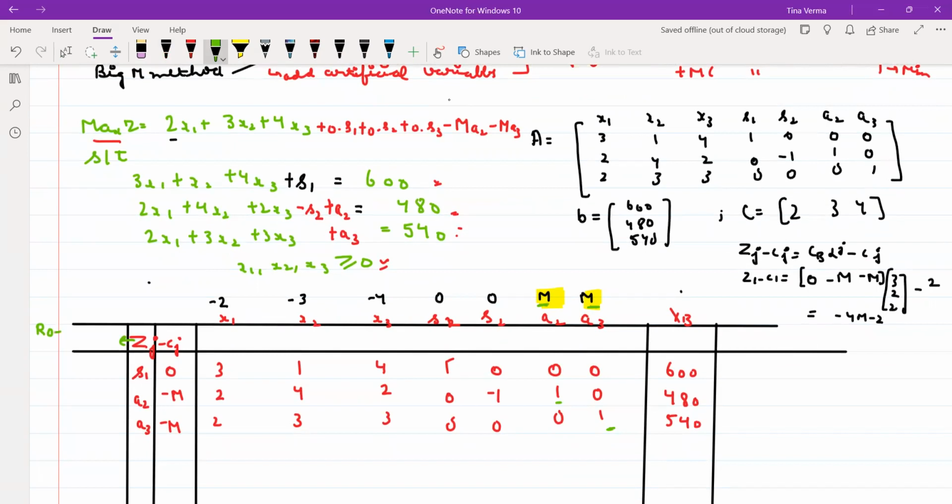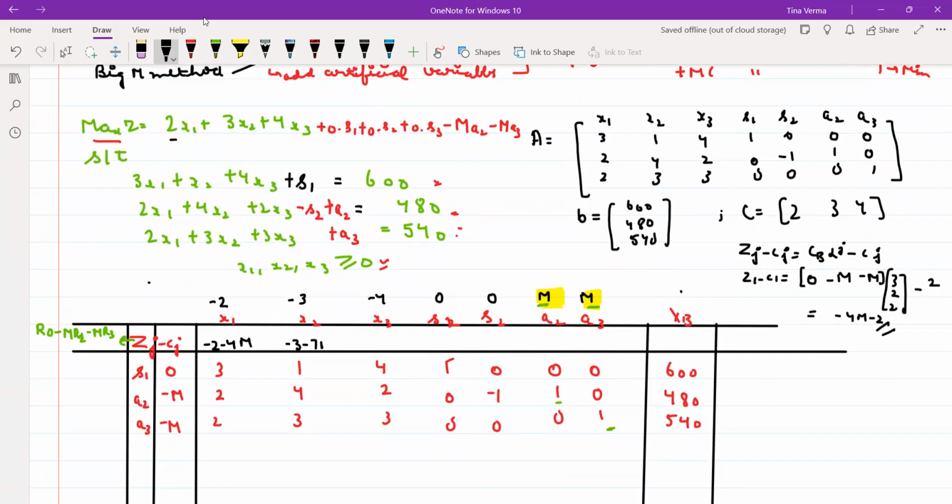You can do R naught minus M times R1, minus M times R2 and minus M times R3. So if you apply this operation, this will give you minus 2 minus 4M that you have already got from this. So either you can use the formula or you can use your row operation to convert.